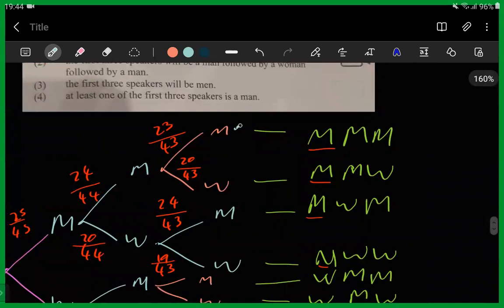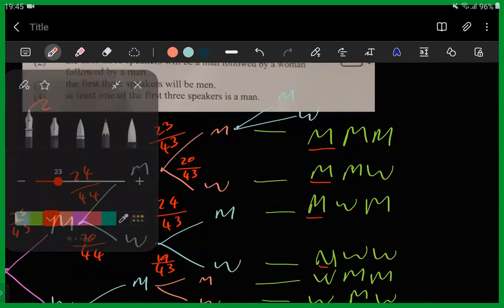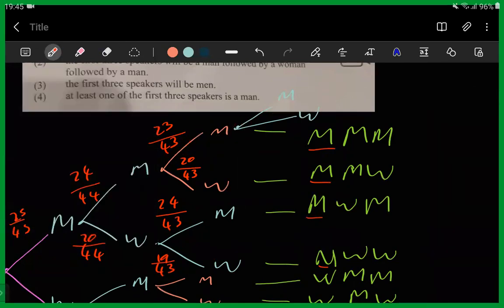We have to add a branch here, man, and then woman. So for it to be first three people men and then a woman, let's just add the last probability here. There's 43 people, so here there'll be 42 people left. And then the women are still all there.